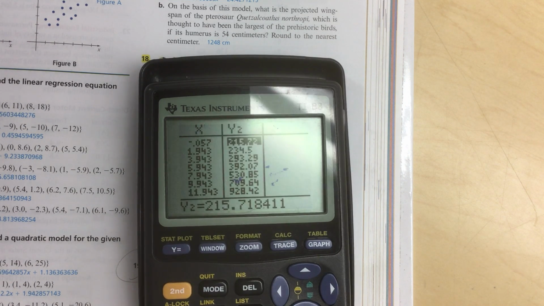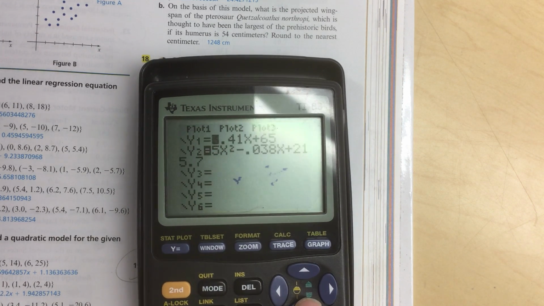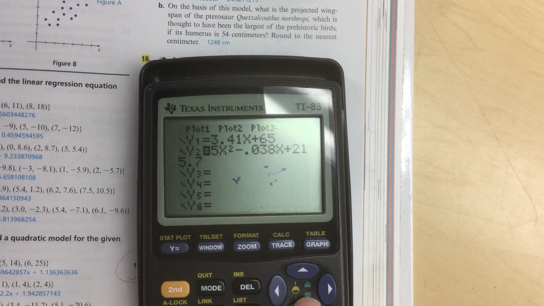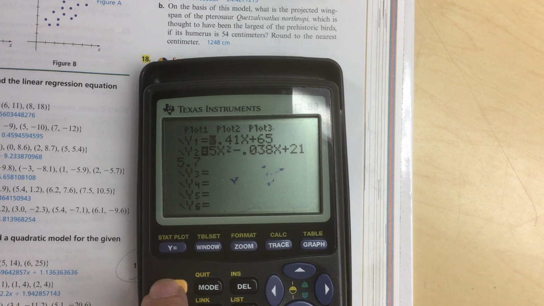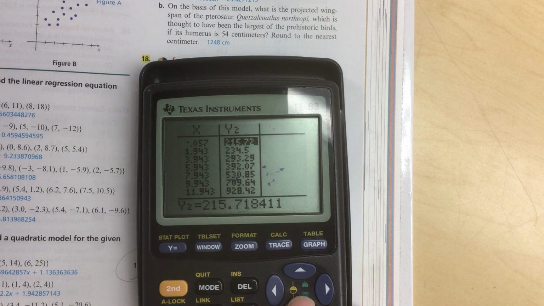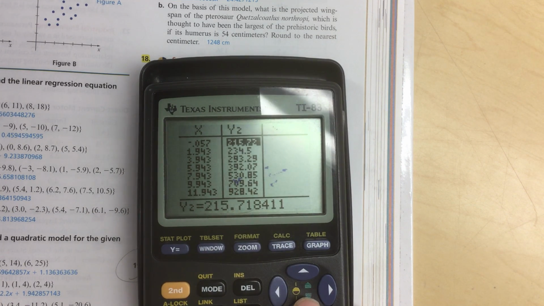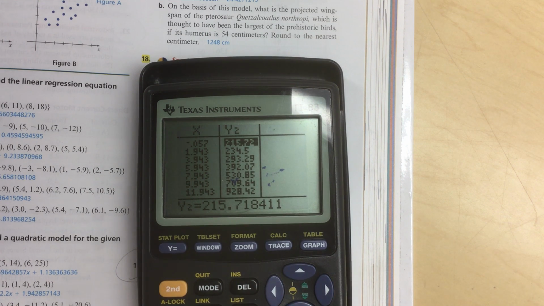So y equals, and you just have your equation, 5x squared minus 0.038x plus 215.7. And then second table set, you type in whatever x value you want, and then second table gives you that value. Mine did not get that. 215.72.